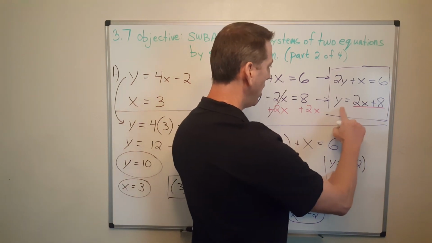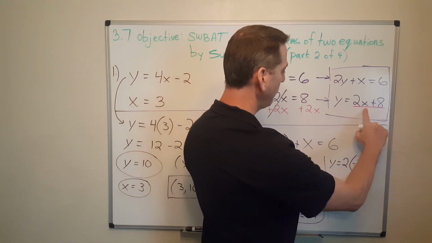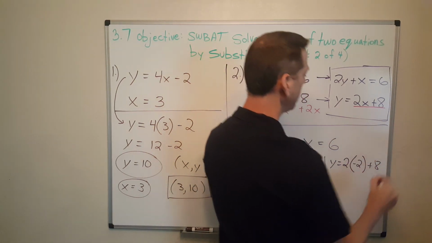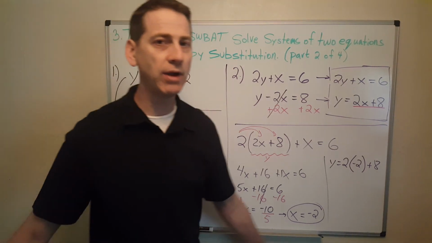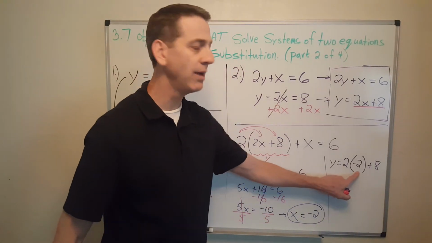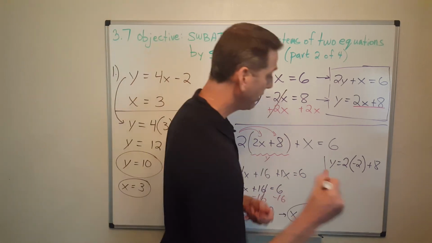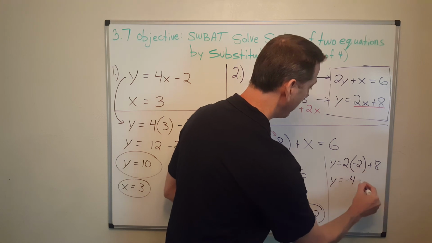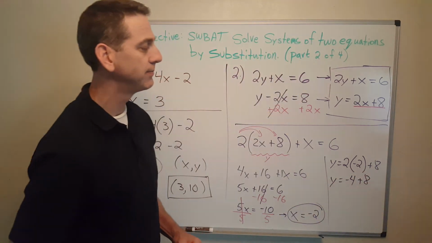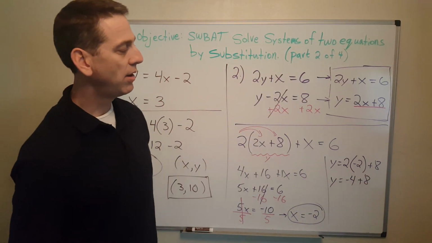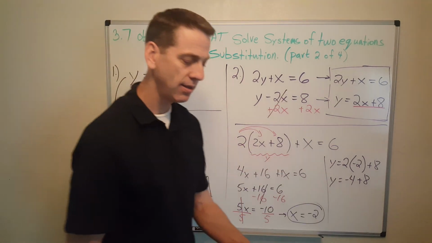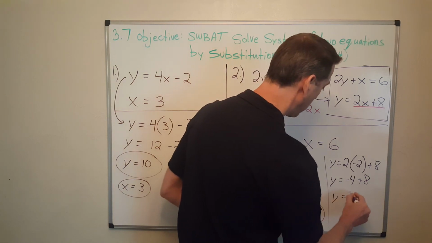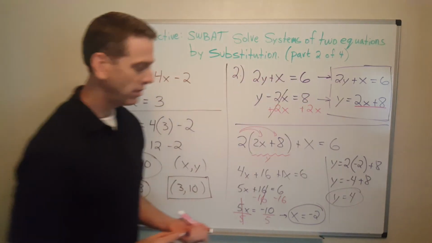So I got y equals 2 times x plus 8. Okay, order of operations, multiplication first. 2 times negative 2 is negative 4. And then just bring down my positive 8. All right, so negative 4 plus 8 is going to give me positive 4. And there it is.